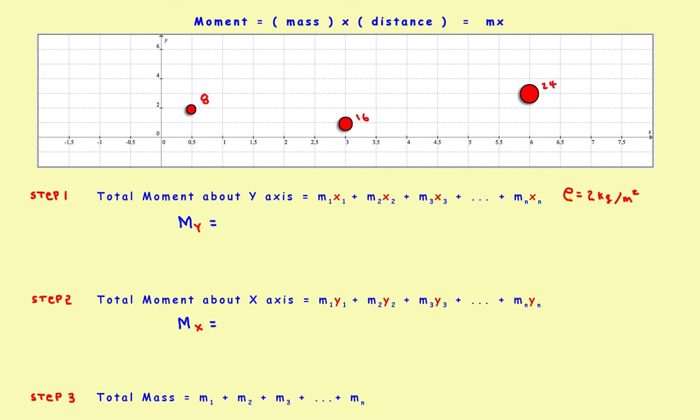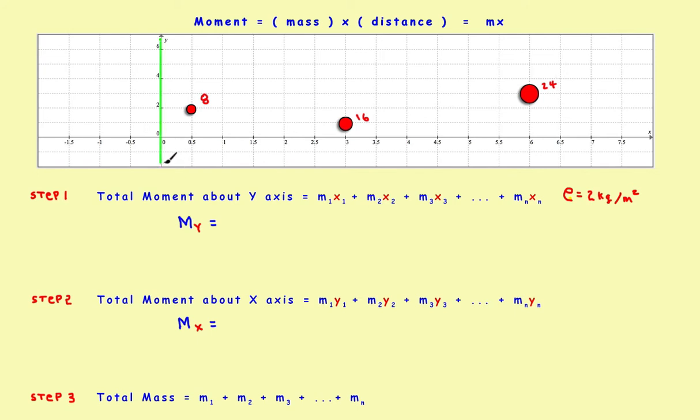Okay, so now, again, the five steps begin with finding the total moment about each axis. Let's first find the total moment about the y-axis by using the mass times the distance of each one. And again, I think it helps if you can actually see it on there. We want to go about the y-axis, and the y-axis goes from here down to here.